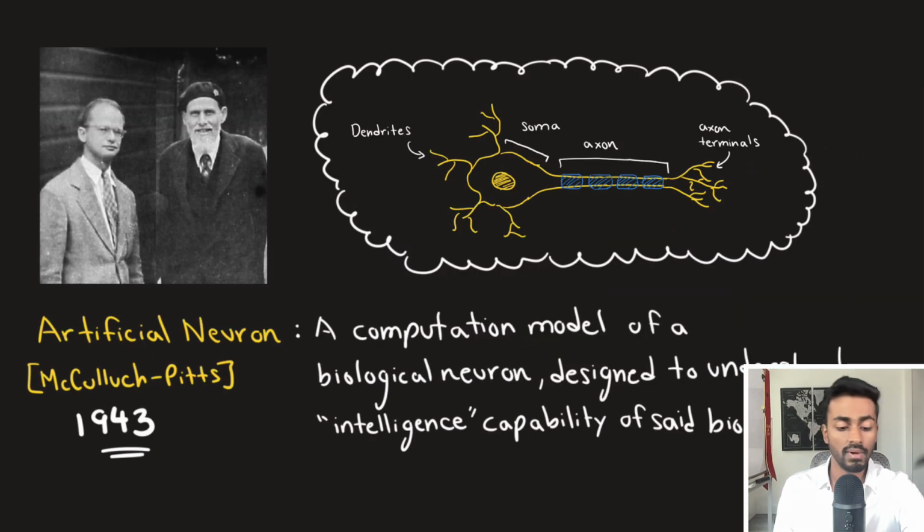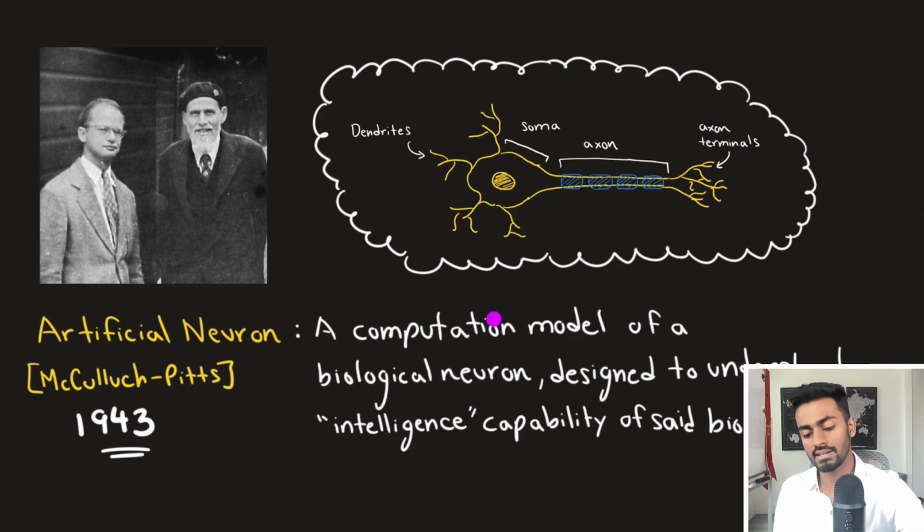And so we have a neurologist, Warren McCulloch, and a logician, Walter Pitts, come up with the artificial neuron in 1943. So the artificial neuron is a computation model. And what that means is, well, a model is a simplified representation of something that's more complex. And then a computation model means that it's going to be broken down into a set of computations or calculations.